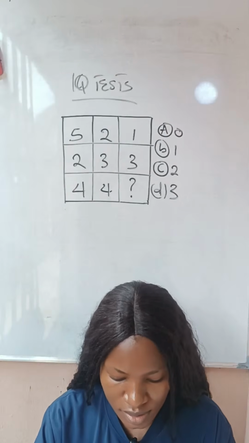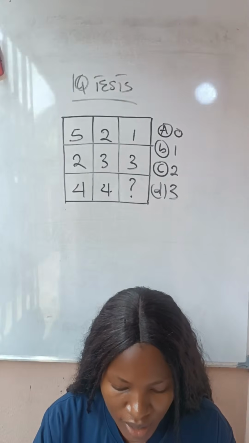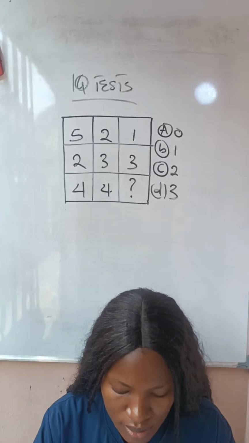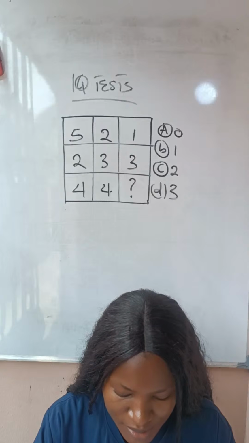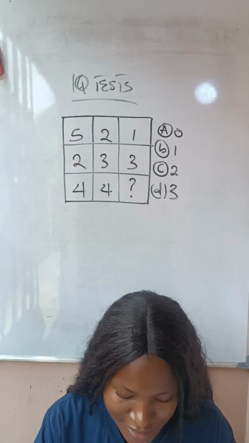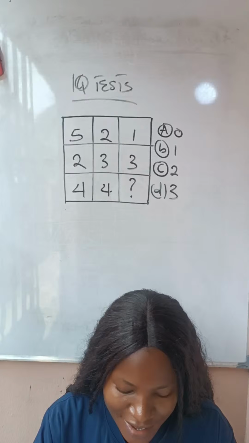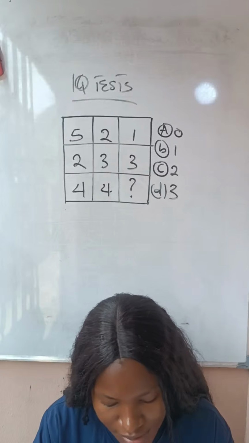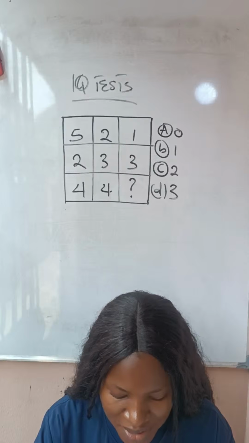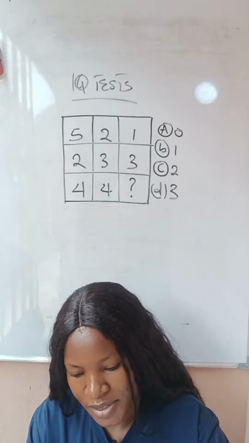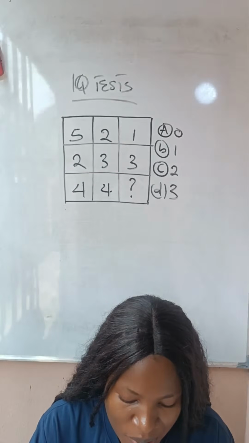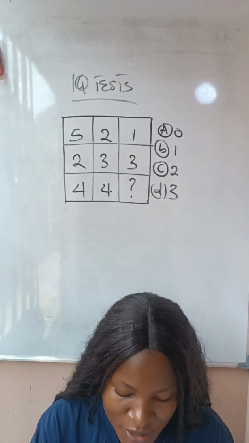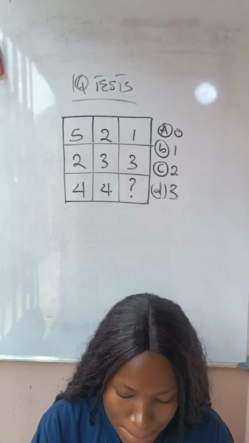Option A is 0, option B is 1, option C is 2, and option D is 3. Seven E7, ouch. I don't understand. What's the meaning of what you asked me to say? Thank you for your likes, guys. Thank you so much. You are welcome, my friend. Thank you for joining again today.